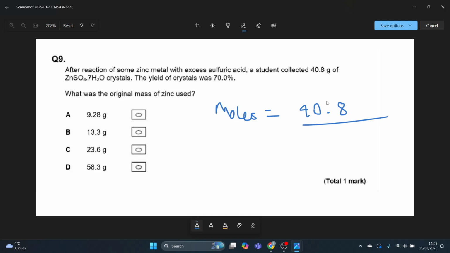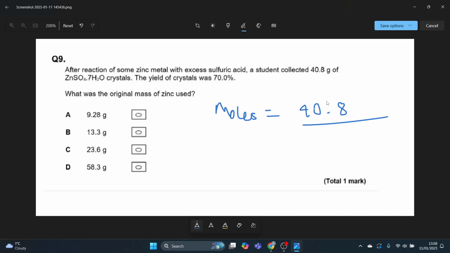So zinc Mr is, Zn is, looking for it. Zinc. Found it. 65.4.